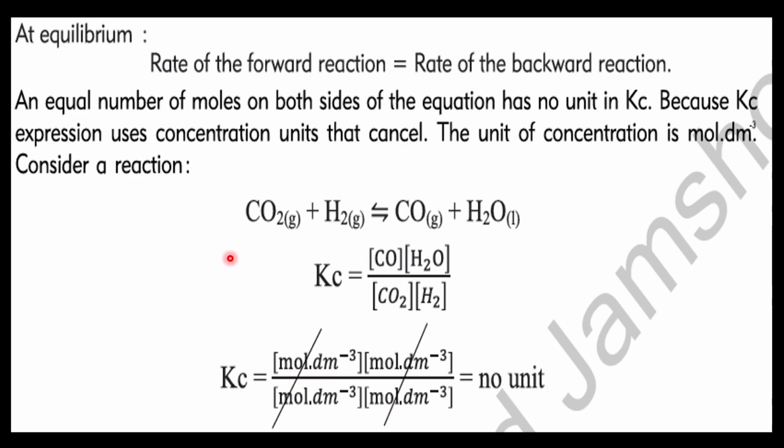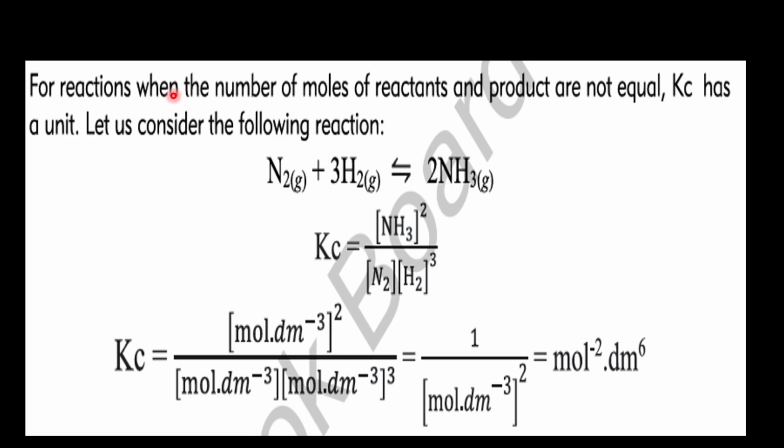But if the number of moles of reactants is different from the number of moles of product, then Kc will have a unit. So now we will take another example where the number of moles of reactants and products are different. For reactions where they are not equal, Kc has a unit.